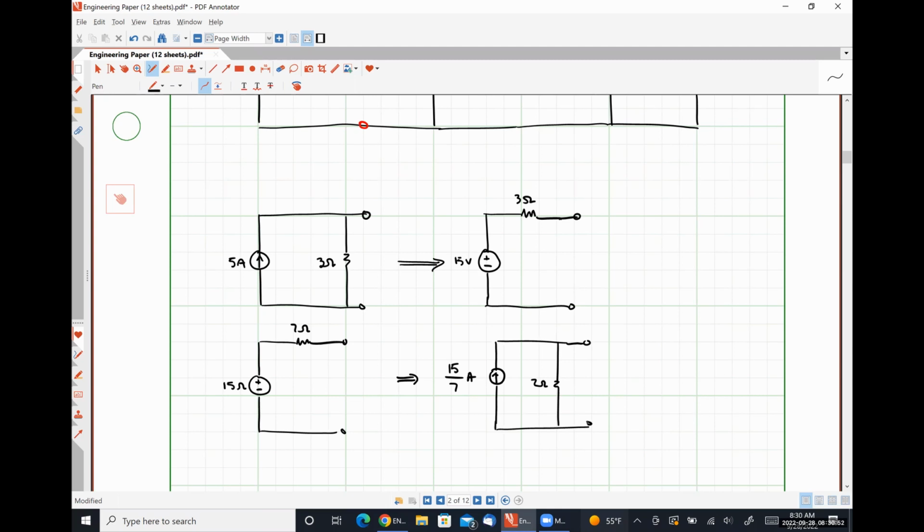I want to make sure that that 7 looks more like a 7 and not like a 2.